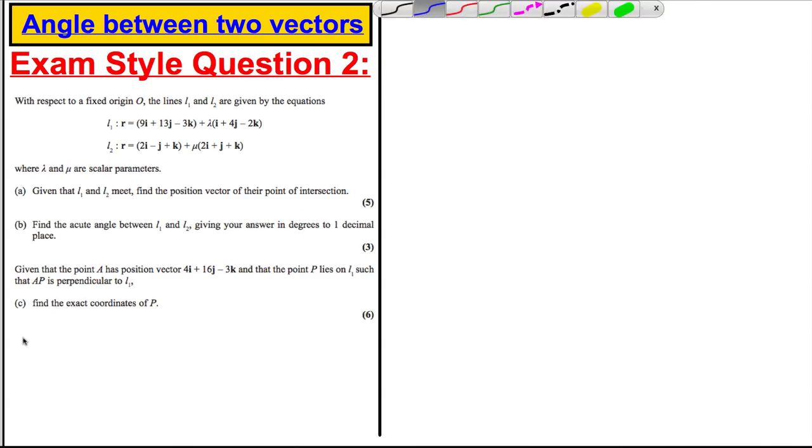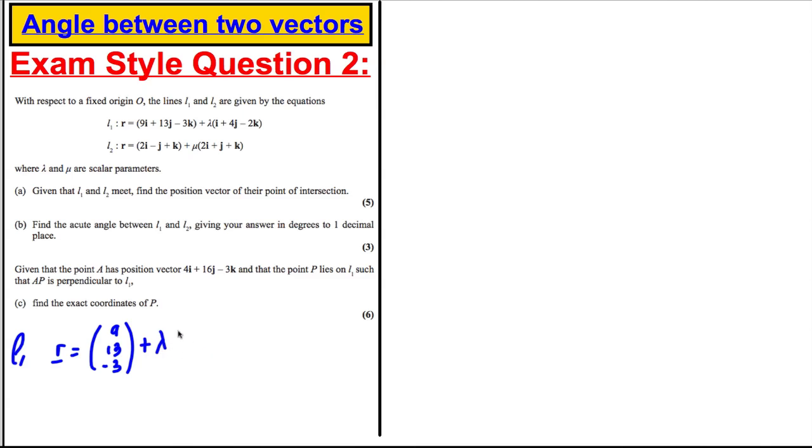Just before I do the work in here, some extra work in. For line 1, I might write the vector equation of the line as 9, 13, negative 3 plus mu lots of 1, 4, negative 2, and I might combine that in the form 9 plus lambda, 13 plus 4 lambda, and negative 3 subtract 2 lambda.